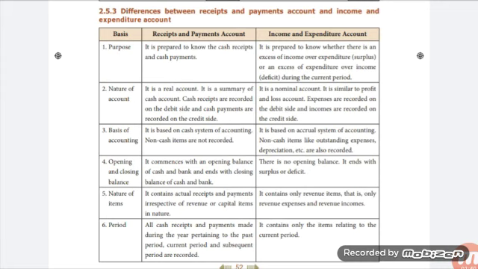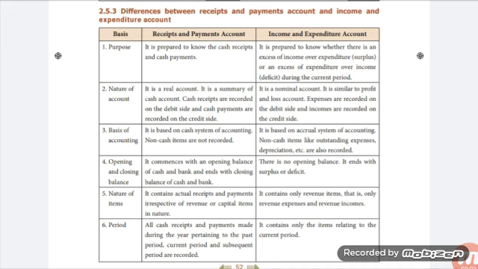That is, only revenue expenses and revenue incomes are recorded on income and expenditure account. Okay children, while the receipts and payments account contains both capital and revenue items, income and expenditure account contains only revenue items.